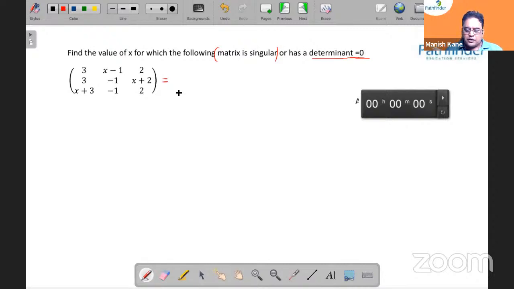Because it's going to result in a complex multiplication. So we are going to look at some row operations here, and row operations will help us find the value of this determinant not only faster, but also ensure that we don't have to perform so many calculations.